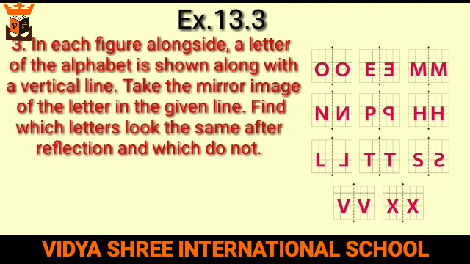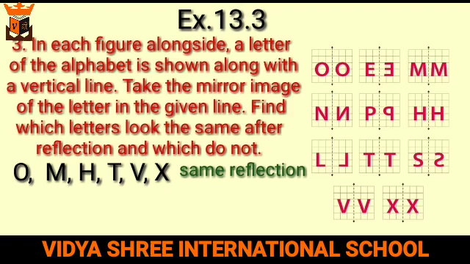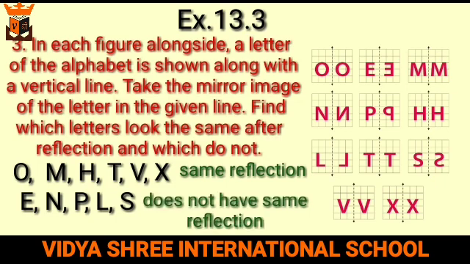Here the alphabets O, M, H, T, V and X look the same after reflection, and the alphabets E, N, P, L, S do not look the same after reflection.